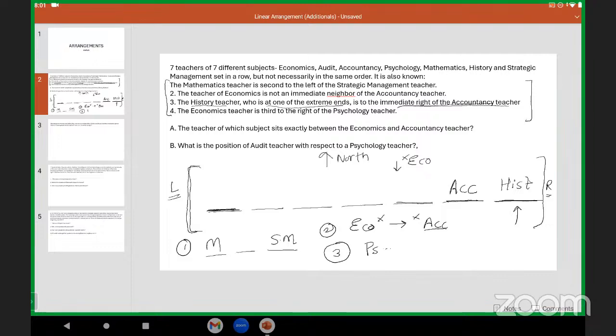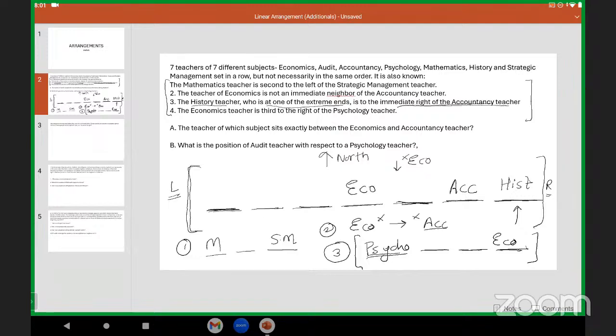So if this is psychology teacher, third to the right, one, two, three. Who will be over here? The one will be economics teacher. As economics teacher cannot be here, we have only four places, and over here also we have taken four places. One, two, three, four. That means economics has to be over here, and psychology has to be at this end.